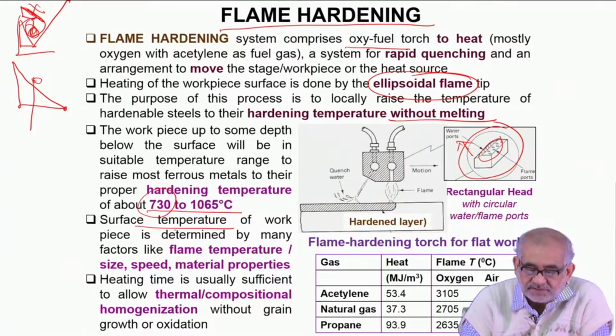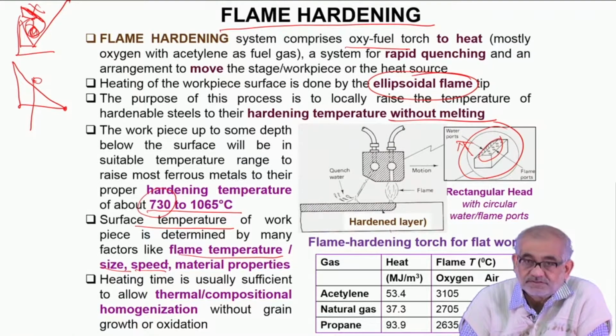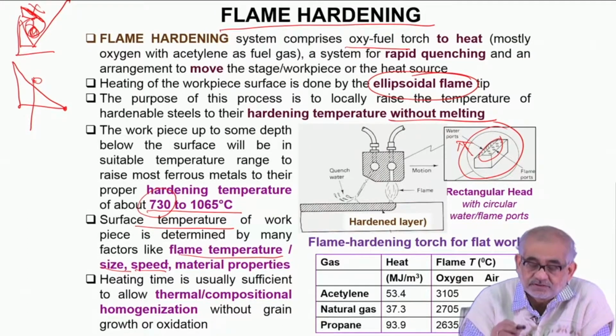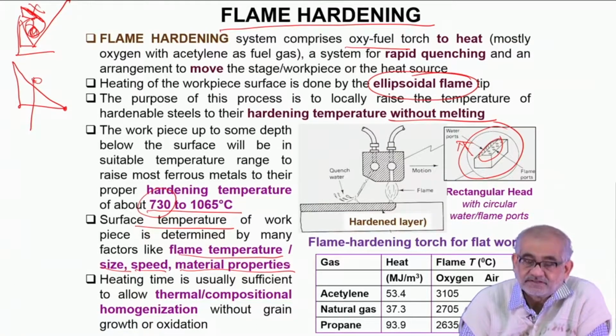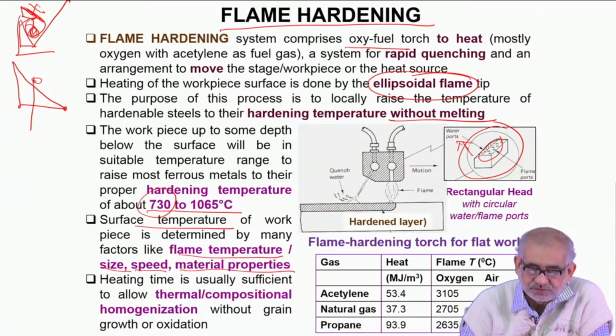So the temperature at the surface will be determined by the flame temperature, the size and shape of the flame, the speed at which the workpiece is moving, either rotating or translating away from the flame, and of course the material properties, which means the conductivity, the density, the specific heat, melting temperatures, and so forth. The heating time should be sufficient for thermal and compositional homogenization.